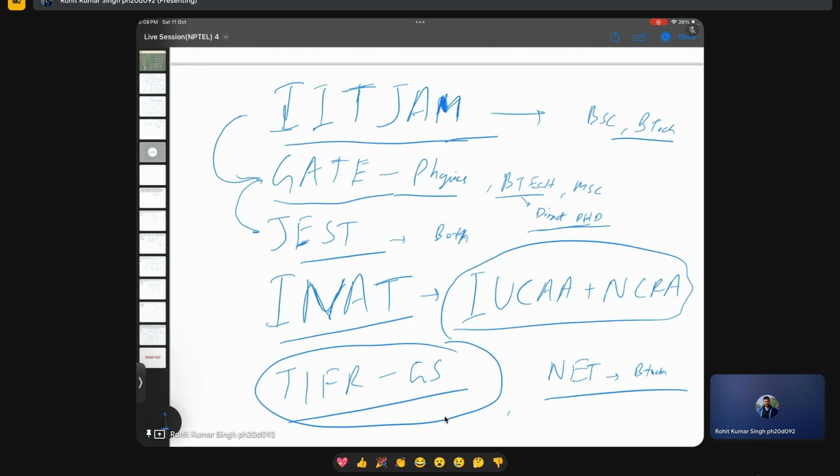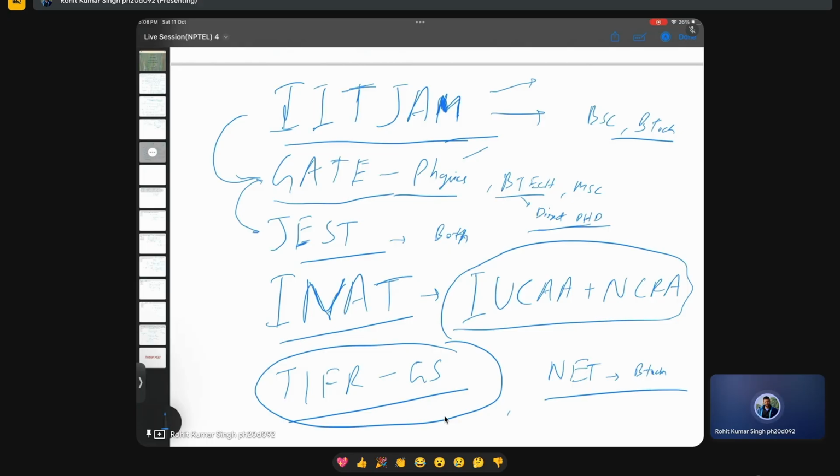For my case, I can tell you my scenario. I cleared IIT JAM after BSc, and I studied my masters at IIT Kharagpur. Then after my MSc, I gave GATE, JEST, NET JRF, everything.